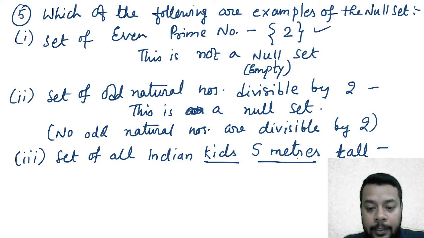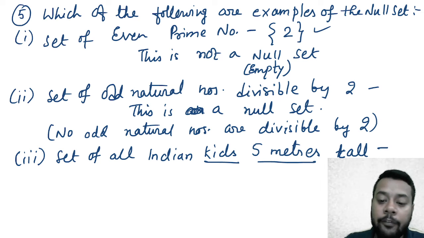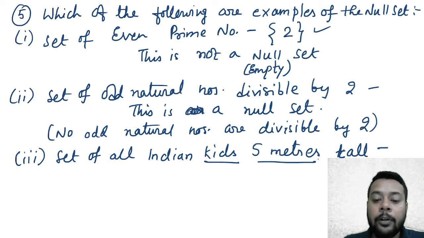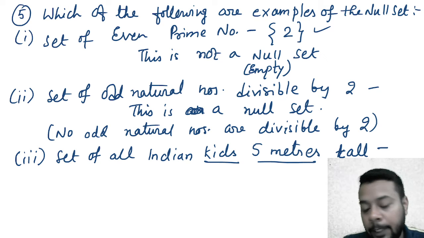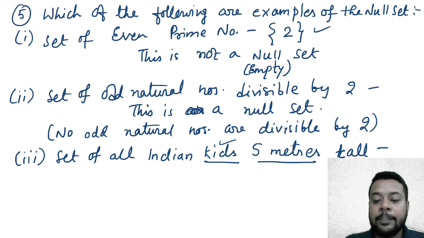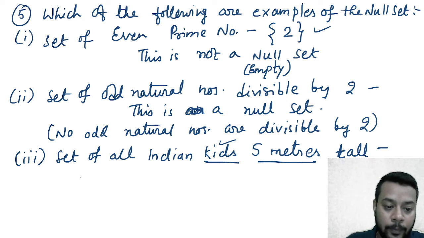Can a kid be 5 meters tall? A normal adult or old person is also not 5 meters tall, right? So can kids be 5 meters tall? Obviously no. So obviously this is also a null set.